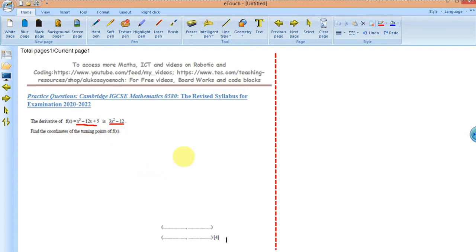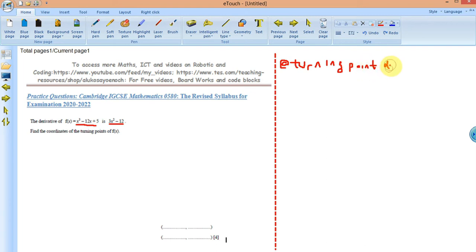So at the turning point, the gradient equals 0, or better still, dy/dx equals 0.